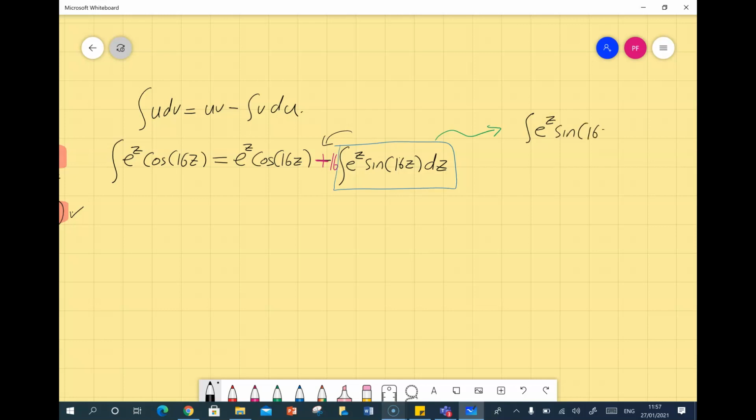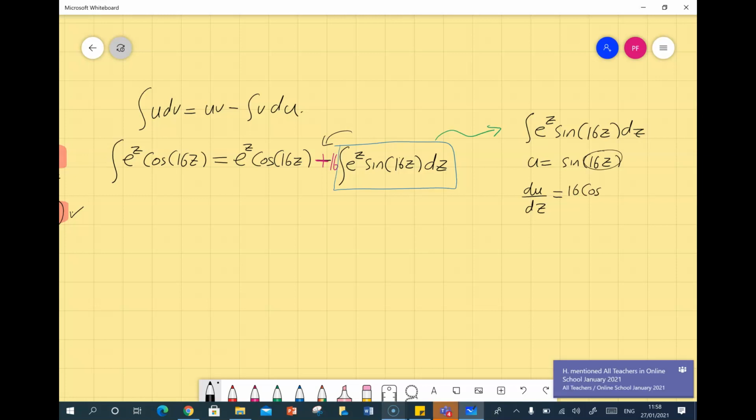So let's try our integration by parts again. I've got my dz. u equals sine of 16z. So du/dz equals, the derivative of sine is cos, and the derivative of 16z is 16, so 16 cos of 16z.